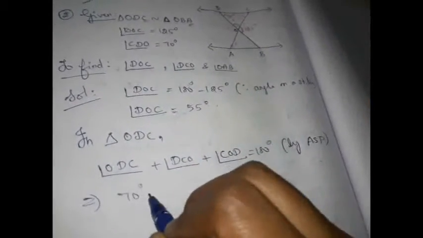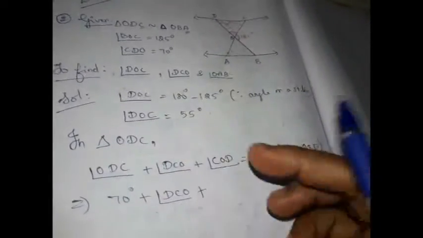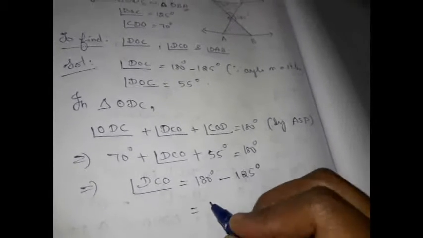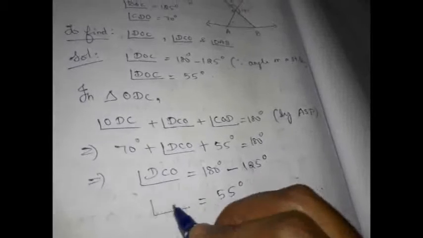So this implies, what is your ODC? 70 degrees plus DCO, we don't know, so angle DCO, plus COD, just now we found it's 55 degrees, which is equal to 180. So angle DCO is equal to 180 minus (70 plus 55). What is 70 plus 55? It is 125. 180 minus 125 is again 55. Therefore angle DCO is 55 degrees, right?